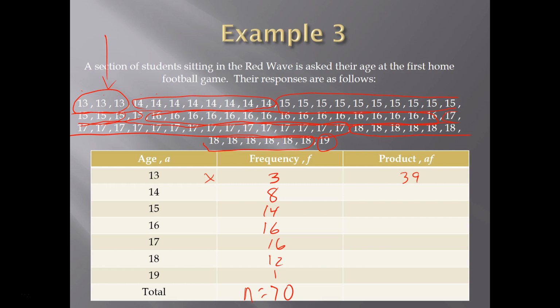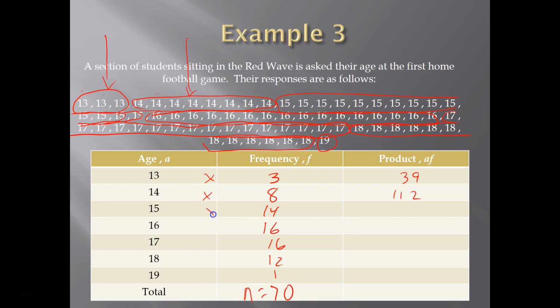But let's do the next one, 14 times 8. 14 times 8 is 112. So I found the total age of all these 14-year-olds. If I did 14 plus 14 plus 14, 8 times, I would get 112. I would much rather multiply 14 times 8 than add 14 eight times.